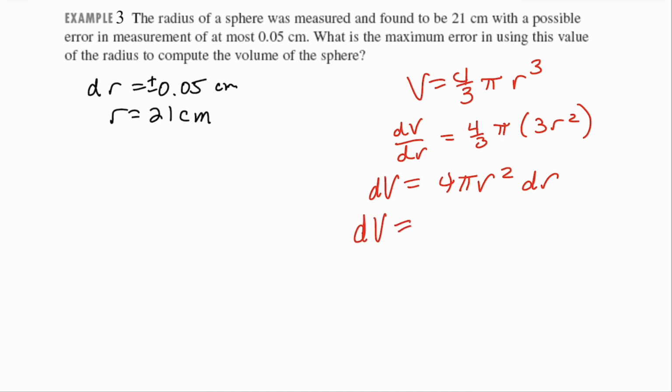The maximum error of the volume is going to be 4 pi times 21 squared times 0.05, and we put the plus or minus right here, because the error can be higher than what we want or lower than what we want.